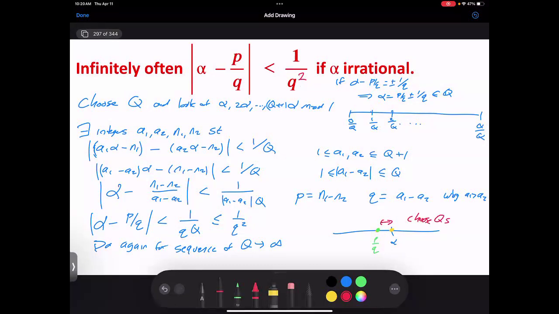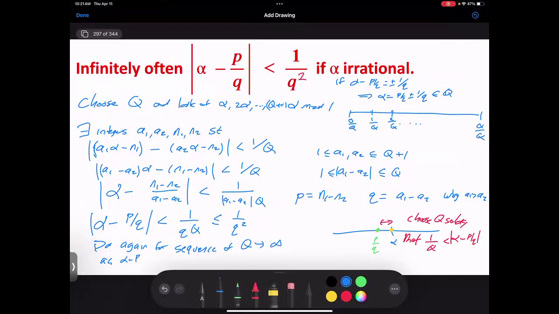Choose Q so big that 1 over big Q is now less than alpha minus P over Q. This is telling me I can't keep getting the same P over Q every single time, because this distance is less than 1 over big Q. If I drop the 1 over little q, I've just got a bigger result. So I can't get the same P over Q infinitely often.